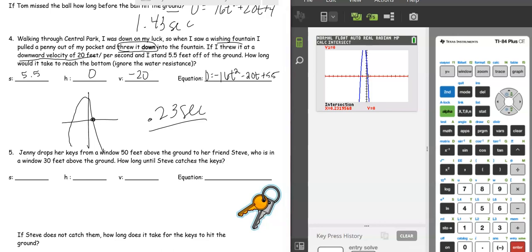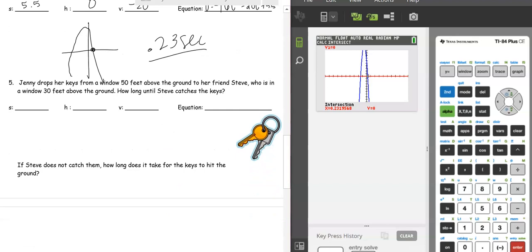All right, I got a couple more for you. It says Jenny drops her keys from her window 50 feet above ground to her friend Steve, who is in a window 30 feet above ground. How long until Steve catches the keys? So the keys start at 50 feet, and Steve is at 30 feet.